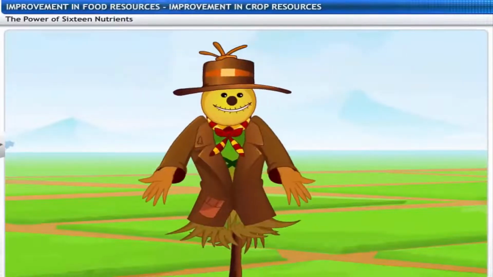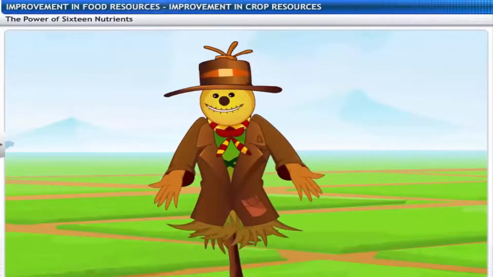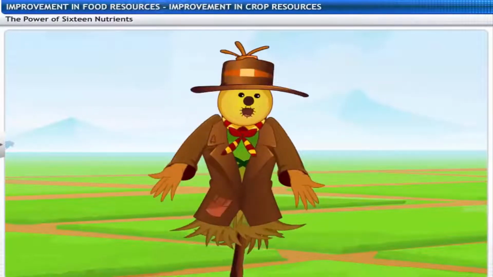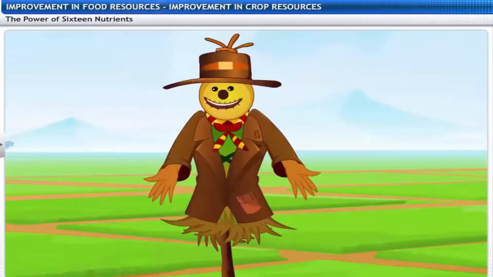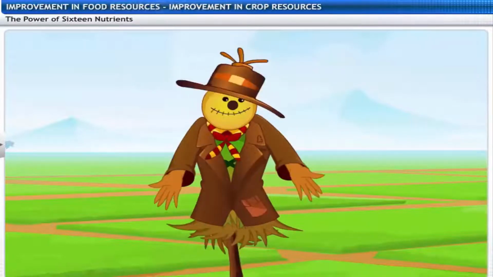I get it. That means a deficiency of these nutrients makes the plants prone to diseases. So, to improve crop production, the soil must be enriched with these nutrients. But how is this done?